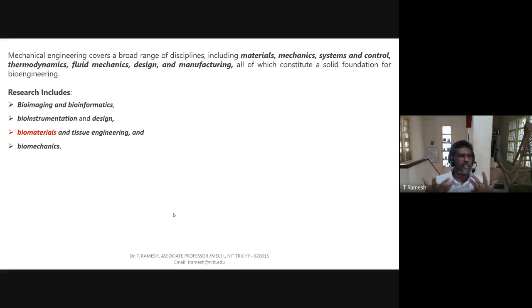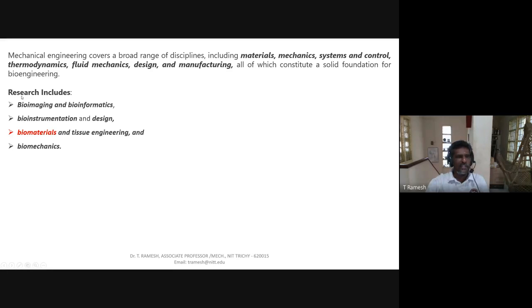So after all, our body is 70% fluids, am I right? Without fluid, nothing could be done. So whatever mechanics you learn through these engineering subjects will be the foundation for working in the bioengineering field. Then the research includes bioimaging and bioinformatics, bioinstrumentation and design, biomaterials and tissue engineering, and finally biomechanics.